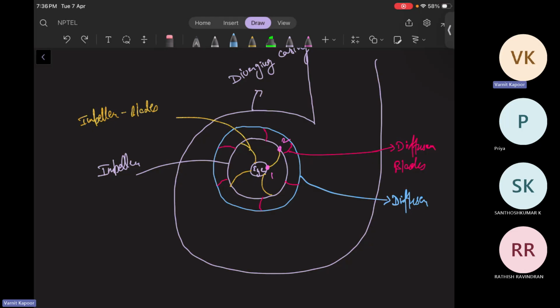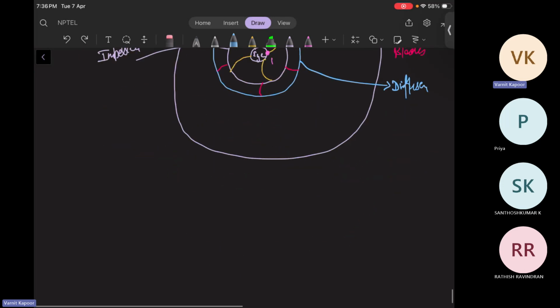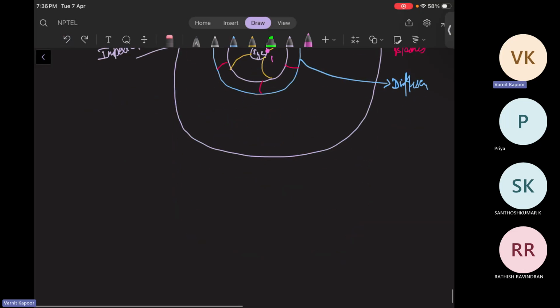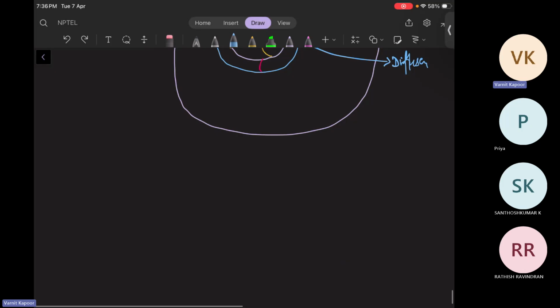Let me make the velocity diagram of that blade. Now I will deal with the particular blade of the impeller and show you the velocity triangles of the impeller blade.